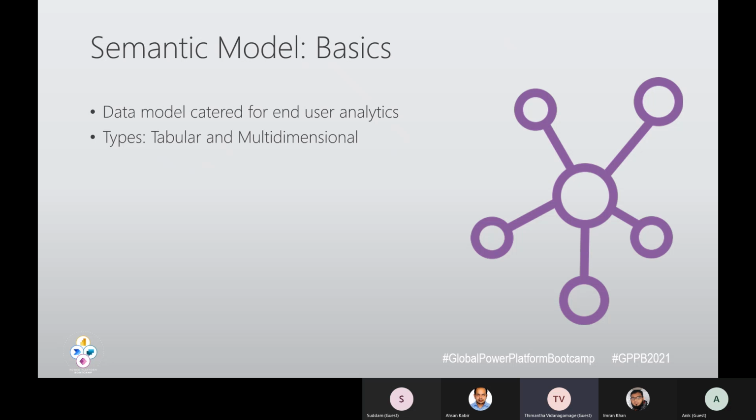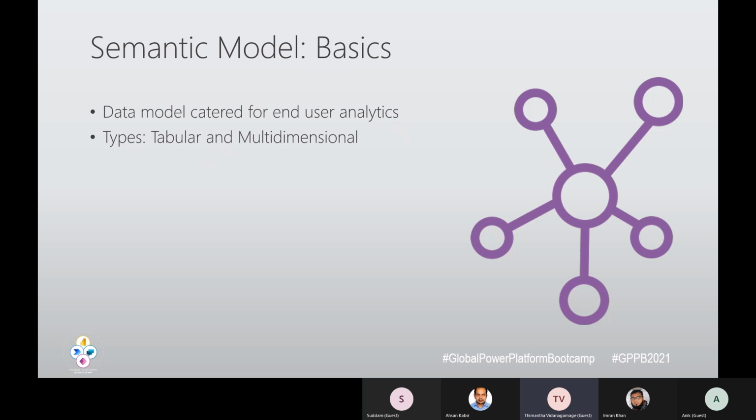Semantic model is one of the most important things when you are building a Power BI report, when you are doing analytics. So a semantic model is a data model that is catering specifically for end users. End users are usually business users in an organization or a company. And there are two types of semantic models: tabular semantic models and multidimensional semantic models.